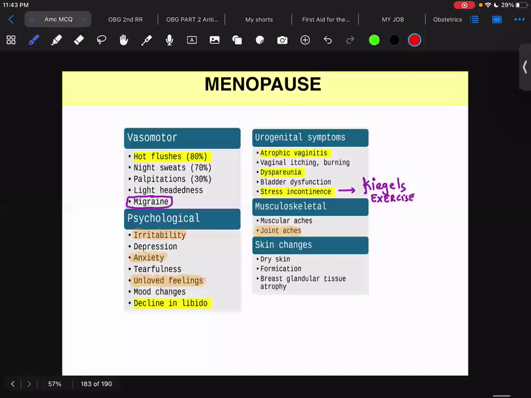Now, basically, this topic is covered in your gynecology, but because this is really important for your exam, I just want to mention a few points which you need to know. Whenever we talk about menopause, we need to learn the signs and symptoms of menopause.